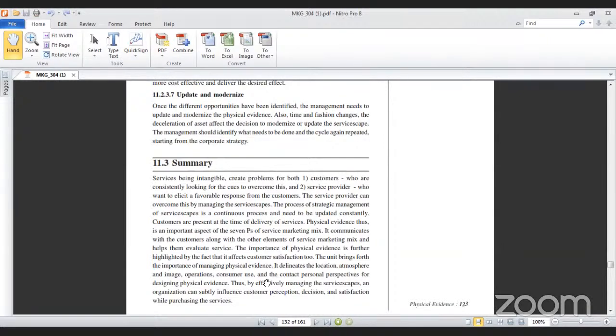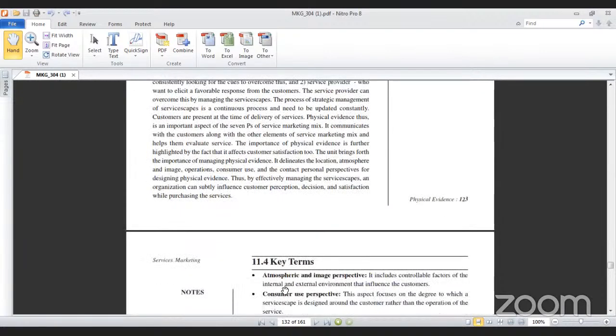The unit brings out the importance of managing physical evidence. It delineates the location, atmosphere and image, operations, customer use, and contact personnel perspectives for designing physical evidence. Thus, by effectively managing the servicescapes, organizations can subtly influence customer perception, decisions and satisfaction while purchasing the service.